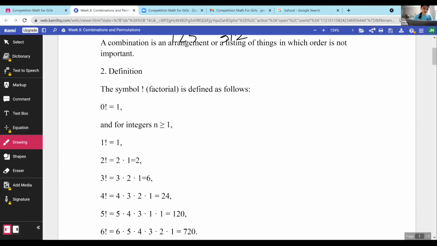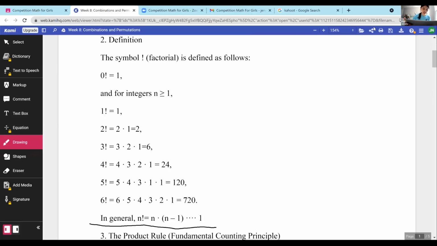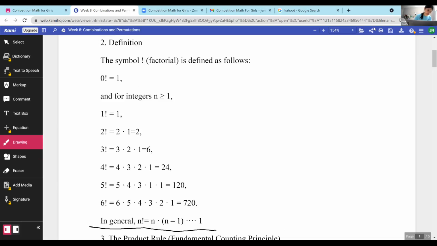And the symbol, exclamation point, is pronounced factorial, and it's defined as follows. In general, n factorial is equal to the product of the positive integers 1 through n. And here lists the values for 1 through 6.